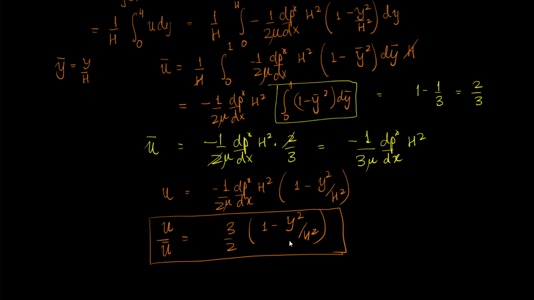Now what is the maximum velocity? If we recall the velocity profile, it's a parabola, so the maximum velocity occurs at y equal to 0.